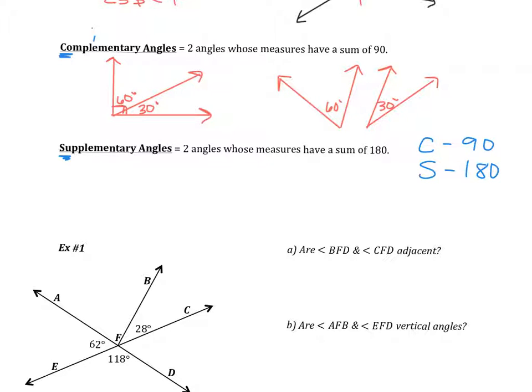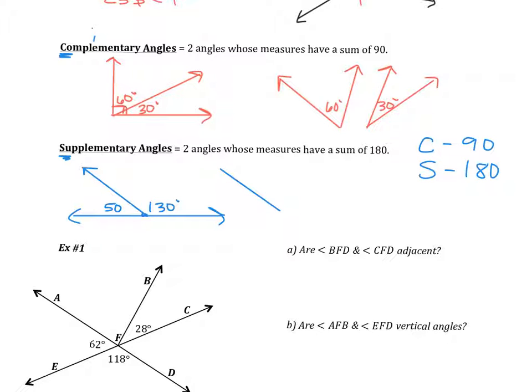Supplementary angles are going to make a straight angle at times if they are adjacent. What's adjacent again? Next to. So if they share a vertex, supplementary. Let's say this is 50 and this is 130. We would say those are supplementary angles. They are adjacent supplementary angles. So sometimes there's more than one name that you can give them, but they are supplementary.